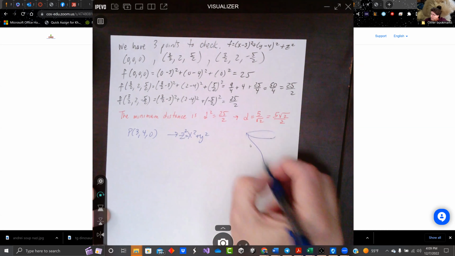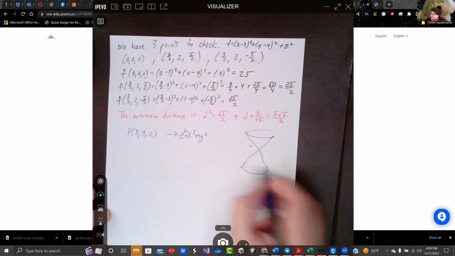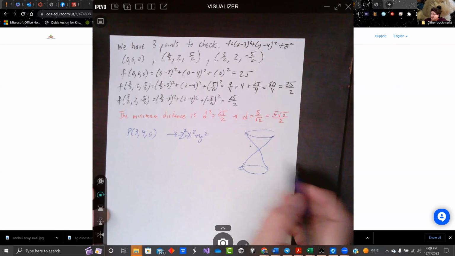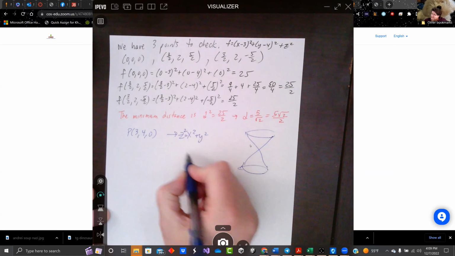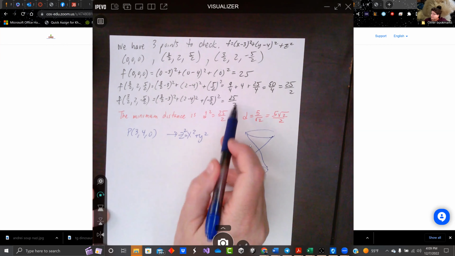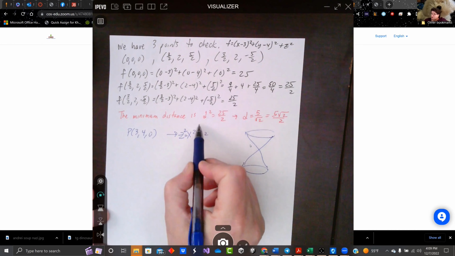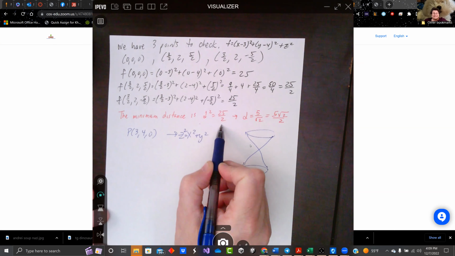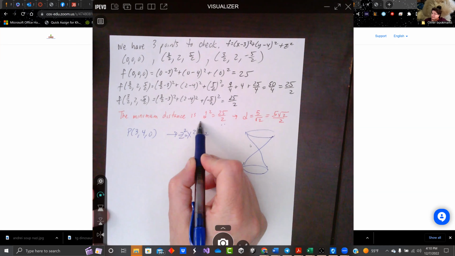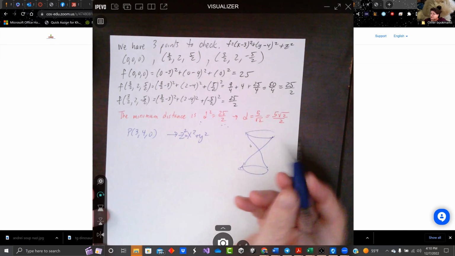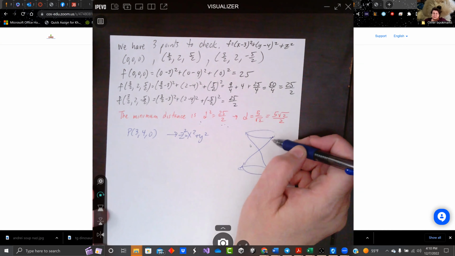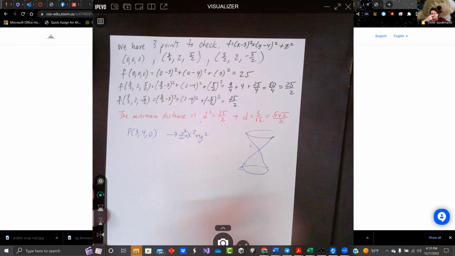So 25/2 is the smallest value. But f was d squared, so don't just go with the distance being 25/2. We've got to take the square root of it. D squared was 25/2, so we take the square root, and we've got 5 over the square root of 2, or 5√2/2.